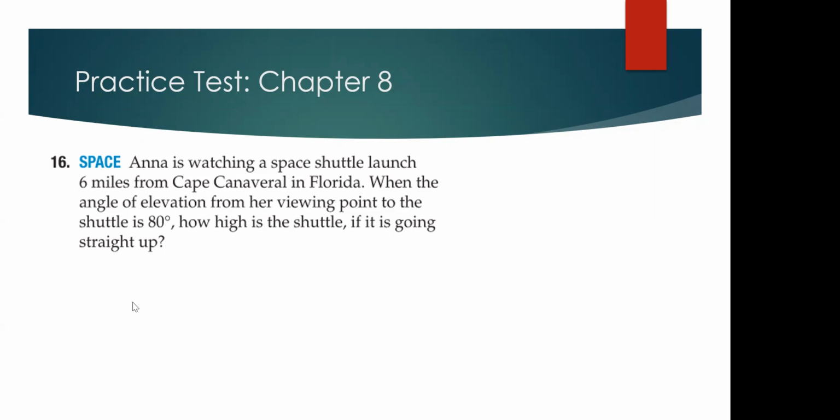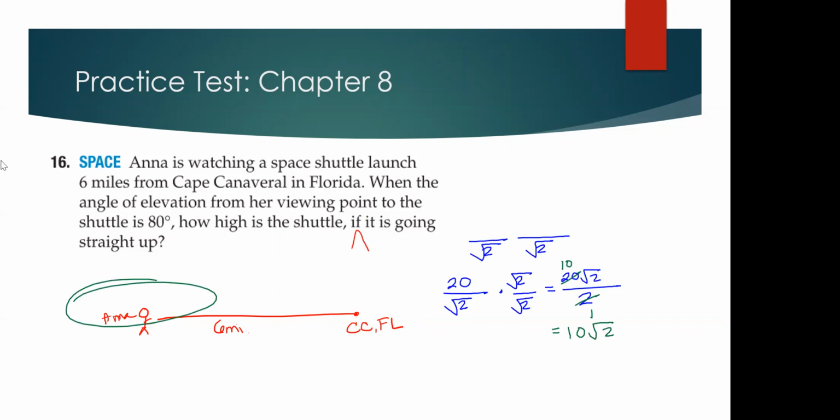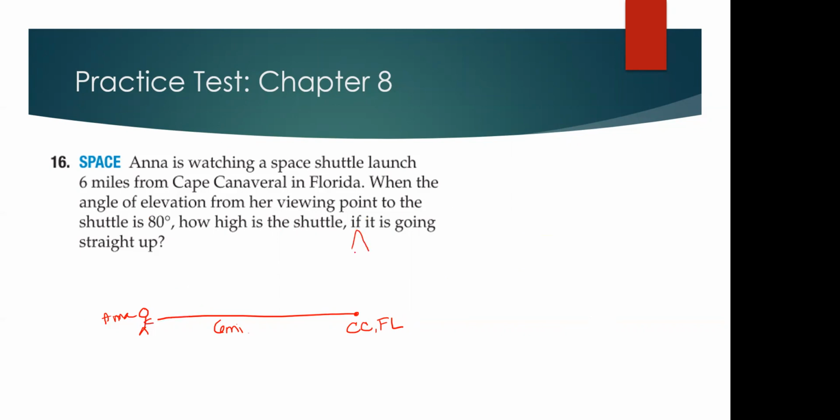The thing about these problems is you have to make sure that you're drawing your picture accurately. So here we have Anna, and she is 6 miles away from Cape Canaveral, Florida, and she's watching the shuttle here, and her angle of elevation is 80 degrees.